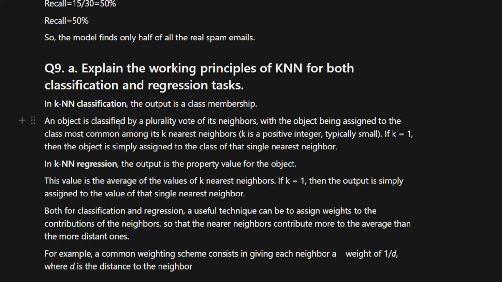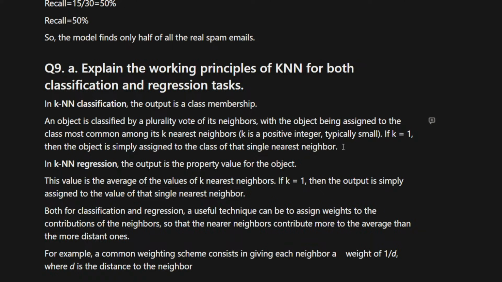An object is classified by plurality vote of its neighbors, with the object being assigned to the class most common among its k nearest neighbors. And k is the hyperparameter that you are setting. So k equals 1 means the object is simply assigned to the class of that single nearest neighbor.